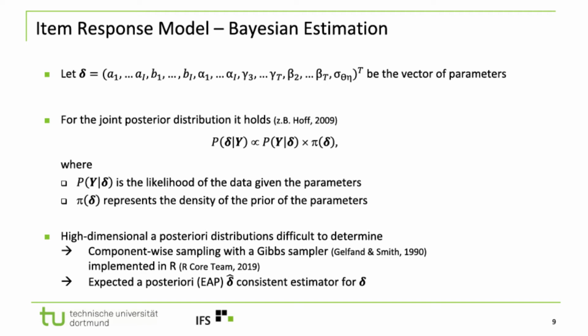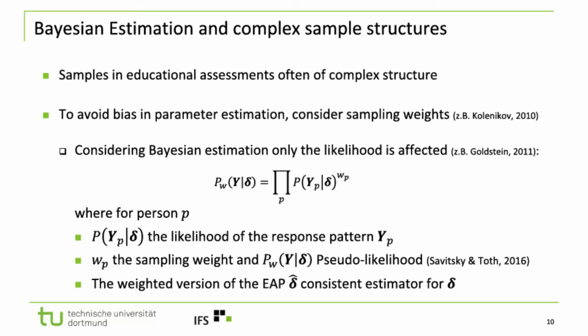From this sample, the so-called expected a posteriori can be estimated, which then serves as a consistent estimator for our parameters. This is not very exciting and a rather standard Bayesian procedure so far. What is also standard in educational assessments is that we are usually faced with complex sample structures.